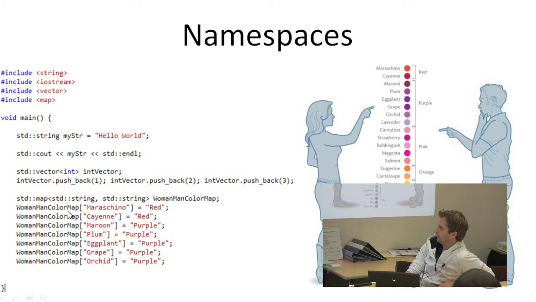And here we say, okay, woman color map, maraschino is basically the same thing as red. Cayenne is the same thing as red. Maroon is purple. Plum is purple. Eggplant's purple. Grapes purple. Orchid's purple. And that way we can basically just say woman to man color map, maraschino, and it'll tell us that this is red. So it provides us a way to really quickly and easily look up stuff, and that's a map.